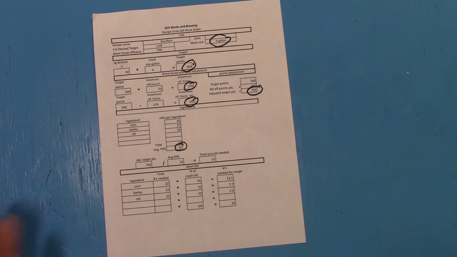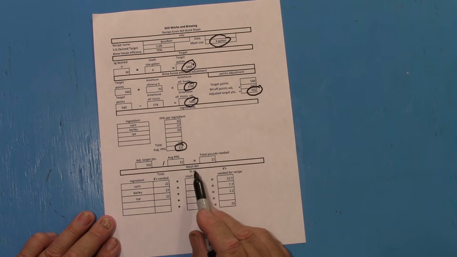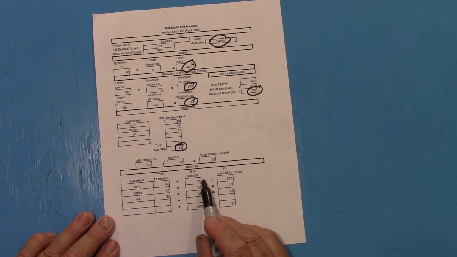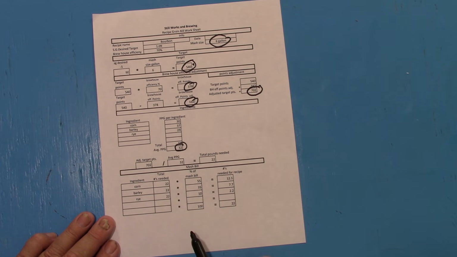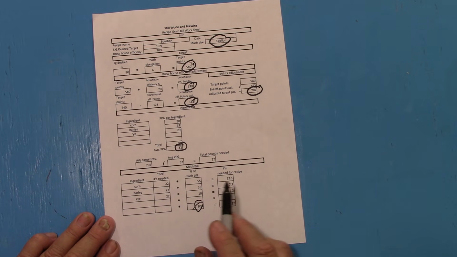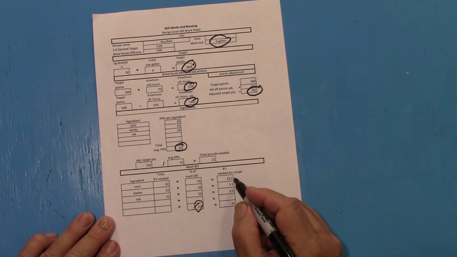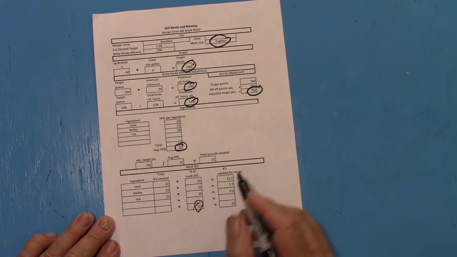Okay, so our grain bill that we want to try to make, we're going to put it right here. So we want 55% of it being corn, 35% being barley, and 10% rye. That, of course, equals 100%, right? So 22 times the 55% is 12.1 pounds.